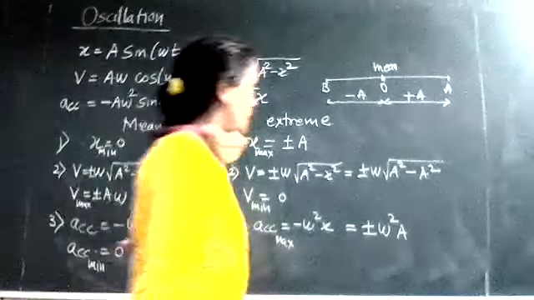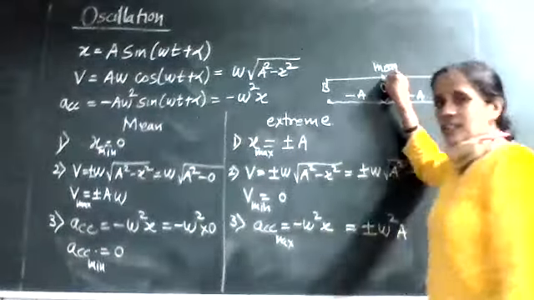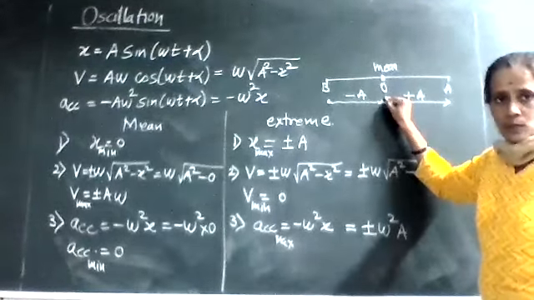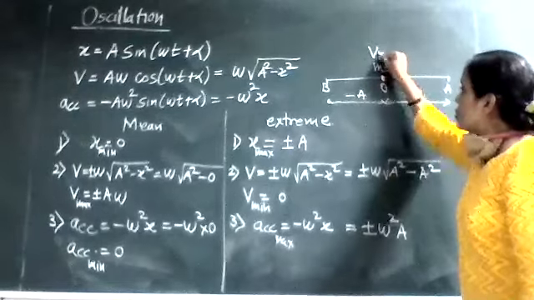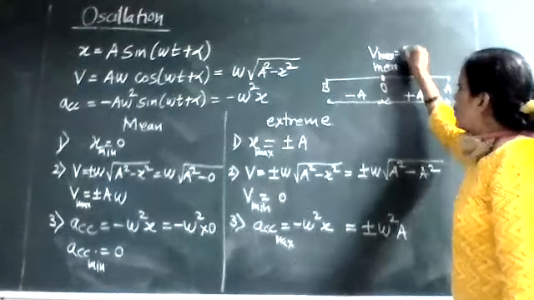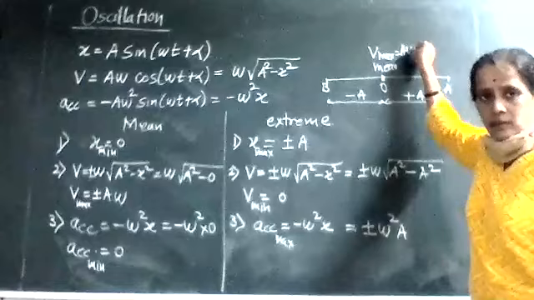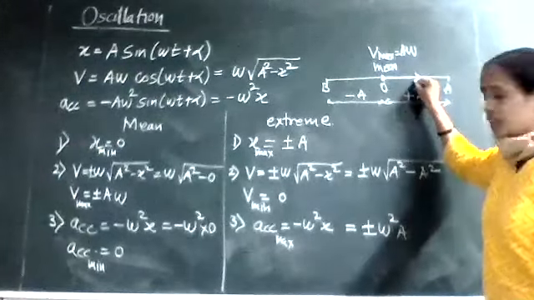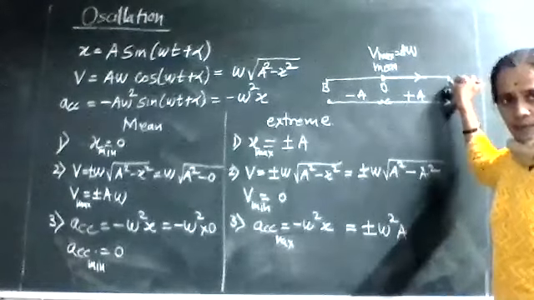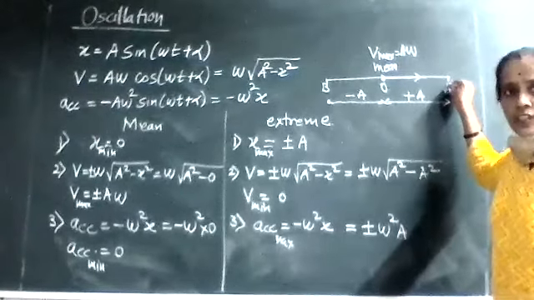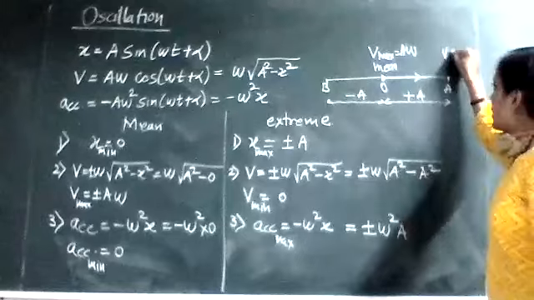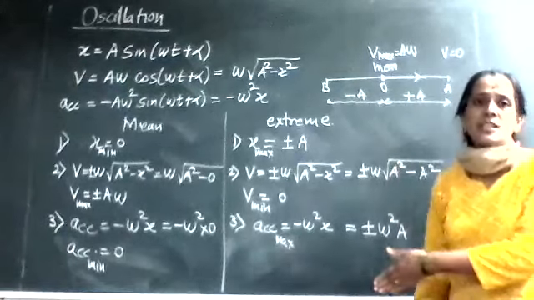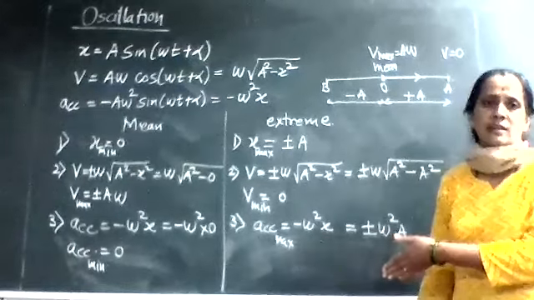Now see, when the particle is at mean position, its displacement is 0, but its velocity is maximum, which is equal to A omega. As its velocity is maximum, it moves in the forward direction up till A. When it goes to A position, that is extreme position, its velocity will become 0. Though its velocity is 0, it will not stop there. Why?